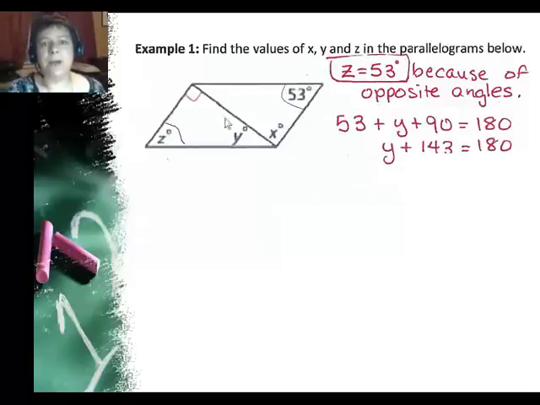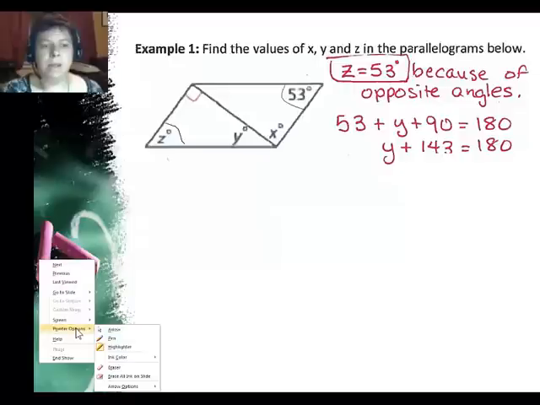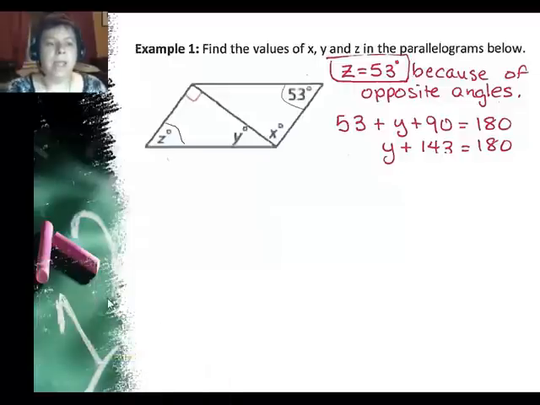I also can figure out y because I see a triangle here. If I go ahead and highlight that, go to a nice bright yellow, and you can see that I have a triangle right here. And that triangle, all the angles need to add up to 180.